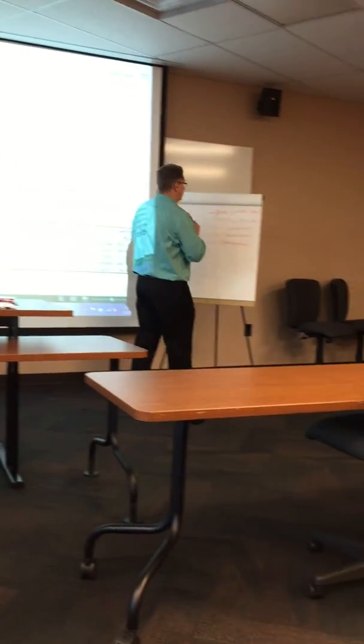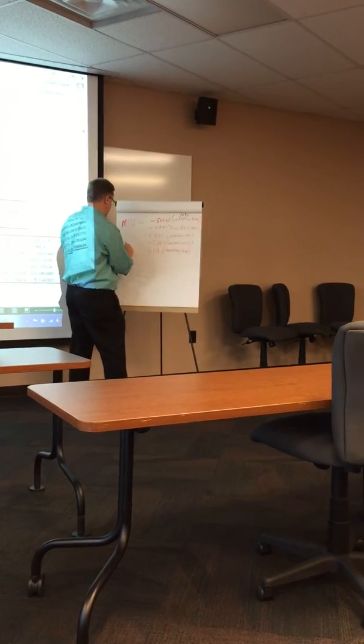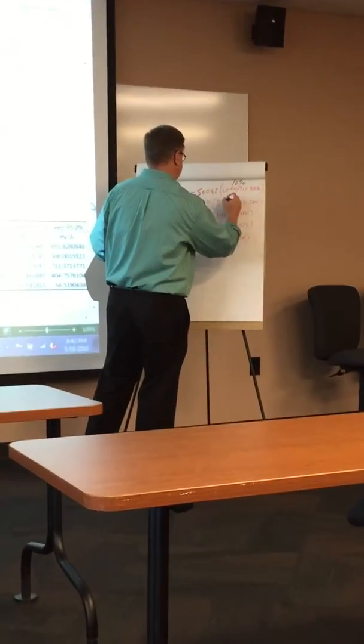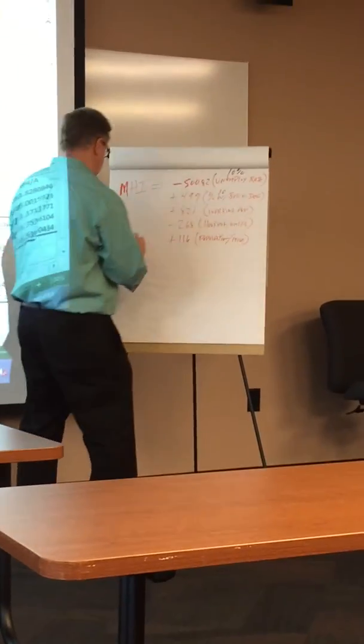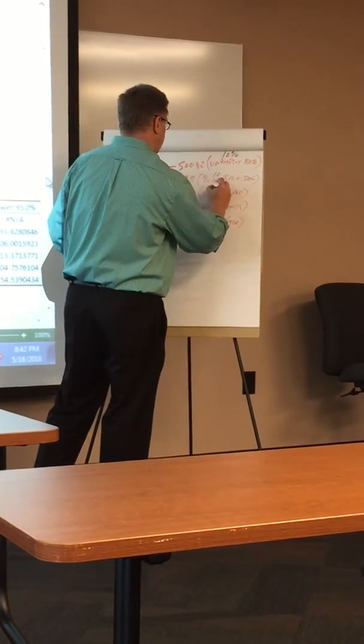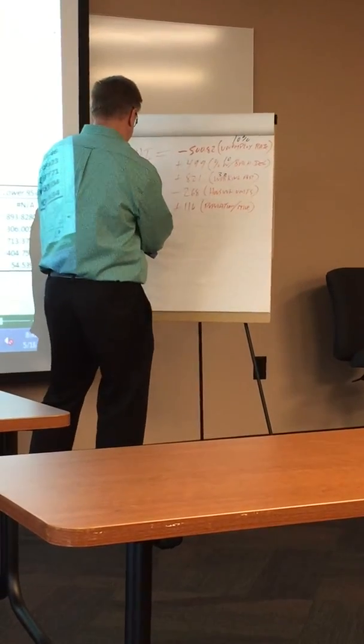If the unemployment rate was 10%, this would be a negative 5,000. If the percentage with a bachelor's degree was, let's say 10%, that would be a positive 5,000. The working population was 30% of the people living in there. These cancel out.